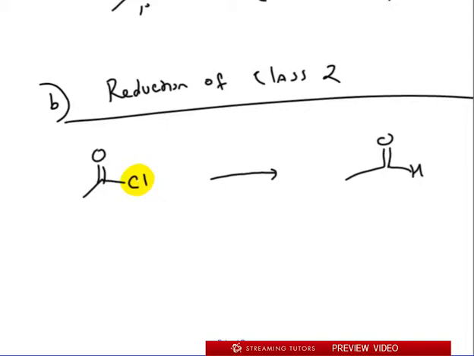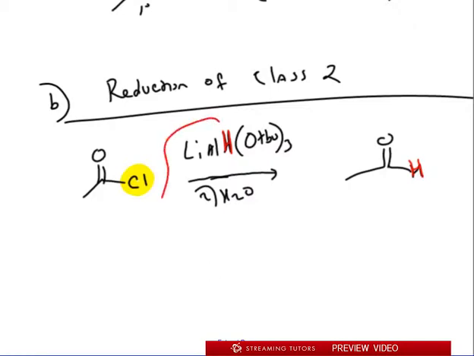The way that we do that is by using this partial reducer. It's LiAlH, and then the tert-butoxy group, OtBu, three times. So we call this tri-tert-butoxy lithium aluminum hydride. That's the name of this. And then step 2 is water. Without going into all the details, this one hydride right here, this H, is going to come in as a hydride.